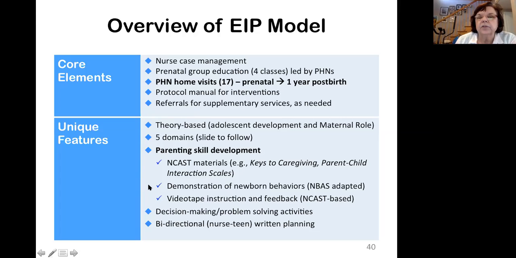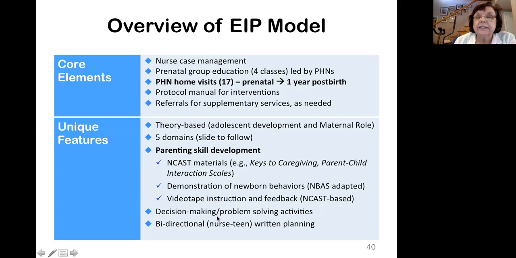And parenting skills. We used Nursing Child Assessment Satellite Training, parent-child interaction scales to help moms become better in their interactions and the development of their child, and then demonstrating newborn behaviors and the variability and individual differences, as well as using video instruction feedback to have the parent teach their child to do a task and then see how the parent responded.